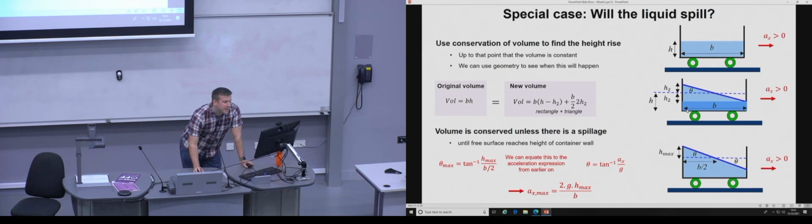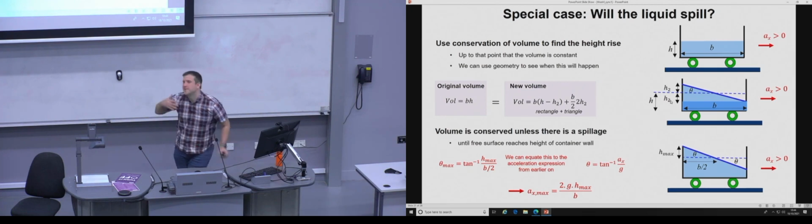Okay? So what we have is a deviation from the original up and a deviation from the original down on the other side. So what we have is the rectangle at the bottom, and then we have half base times height, which is B, times 2h, which is the height of the triangle, times half. So if it is the special case where 2h2 is equal to h, then you can simplify it, but it's not generally that. It's a general expression.